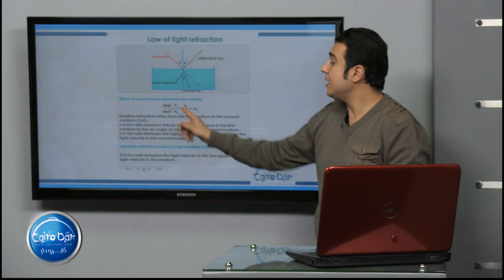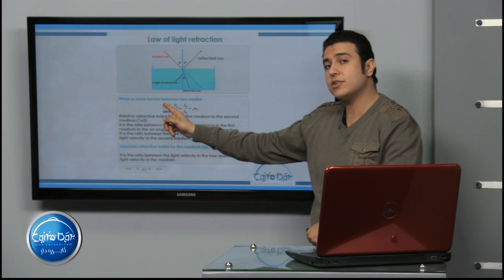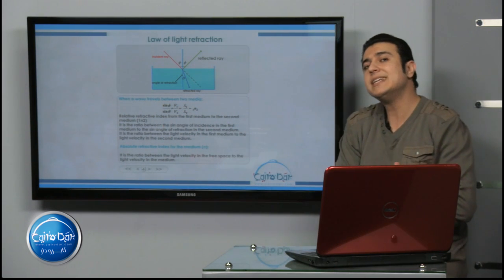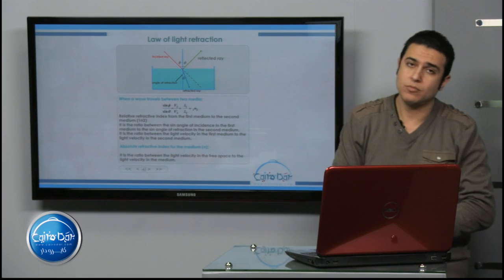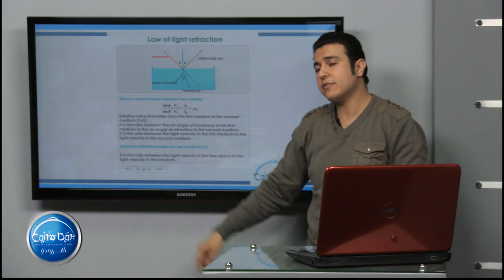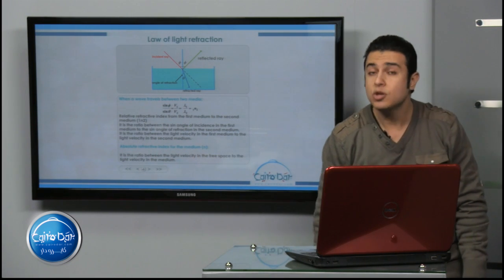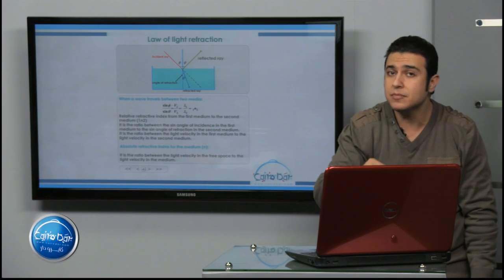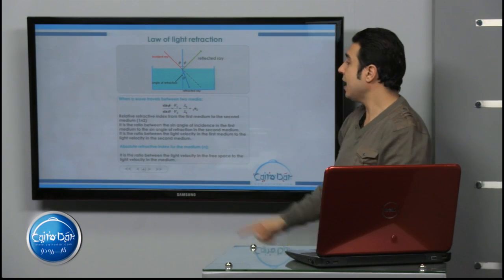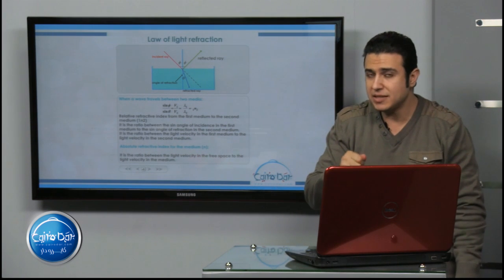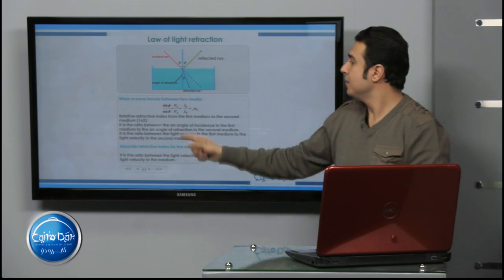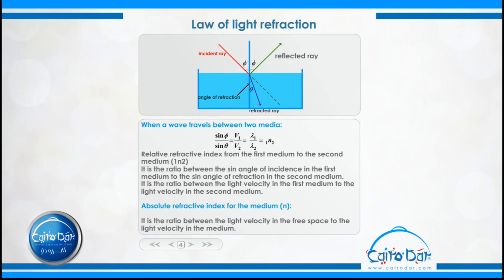It is the ratio between the sine of the angle of incidence in the first medium to the sine of the angle of refraction in the second medium, or the ratio between the velocity of light in the first medium v1 to the velocity of light in the second medium v2, or the ratio between the wavelength of light in the first medium to the wavelength of light in the second medium. Okay, so that's for the relative refractive index.